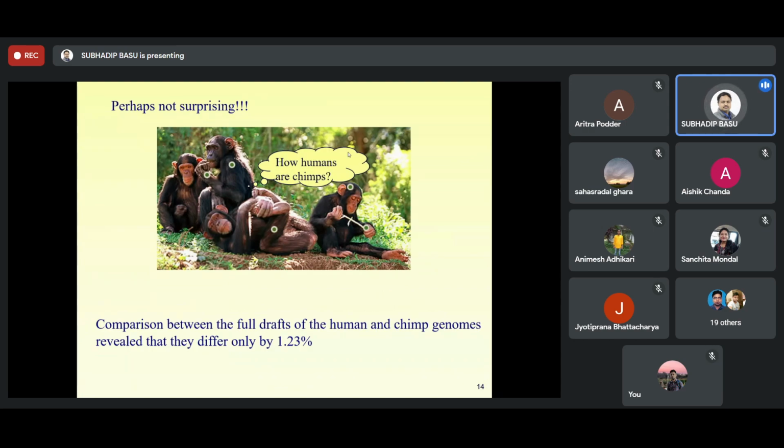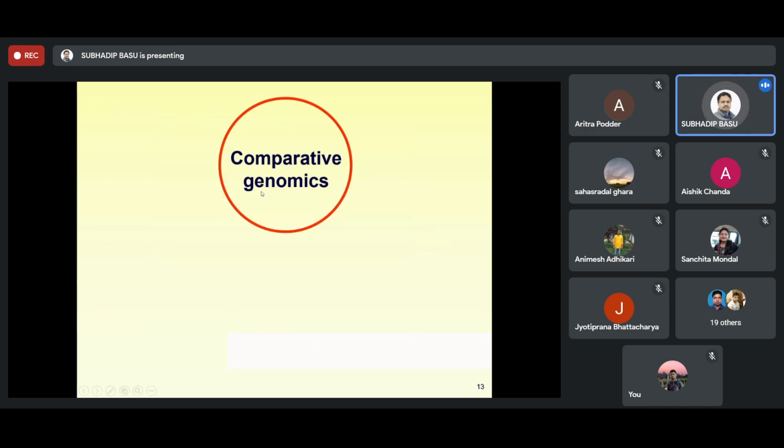I keep talking about the mammalian family, chimpanzee, mouse model experiments. Why mouse model experiments? Why not guinea pig experiments? All these are because we have significant similarities, and we knew about those similarities because of comparative genomics.